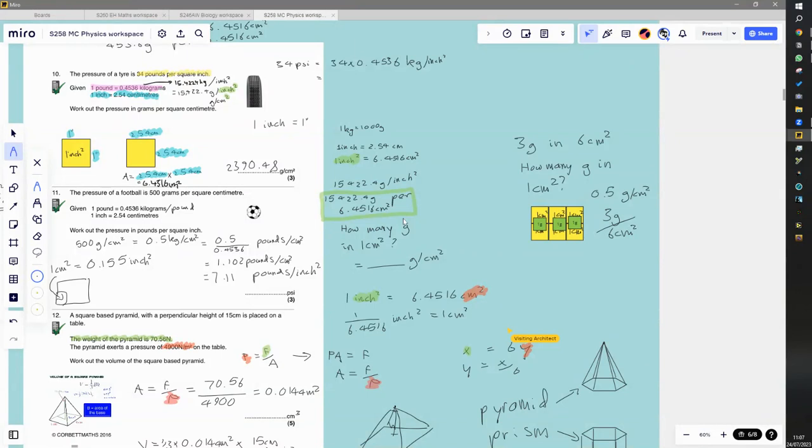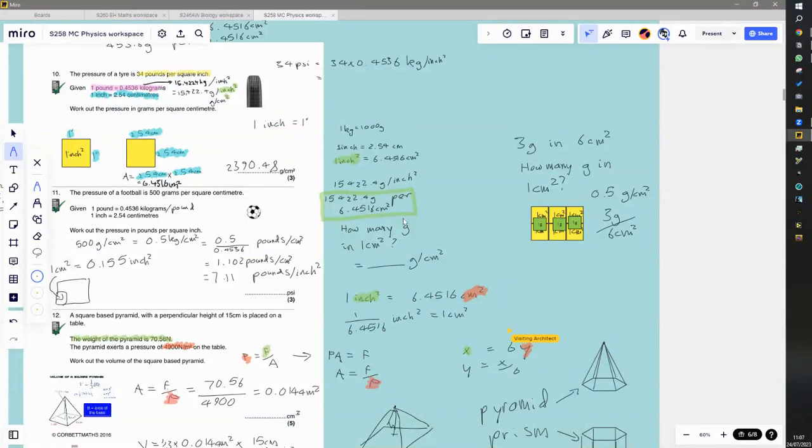So we want to ask ourselves a couple of questions. Are we going to expect a larger number at the end or a smaller number? If it's this many grams in 6.4516 centimeters squared, are we going to expect more grams in a centimeter squared or less? So you may realize that you're going to expect less, because this is a larger area than 1 centimeter squared.